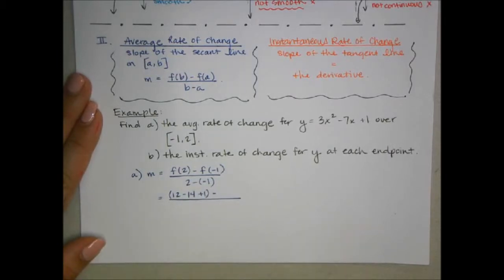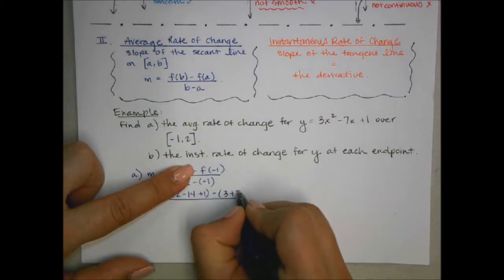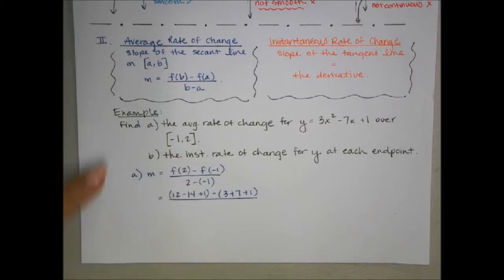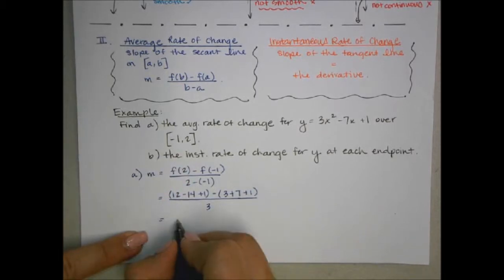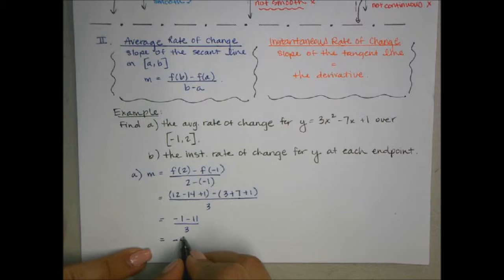If we plug in -1 to our function, we get 3 plus 7 plus 1. And it's all divided by 3. So this will work out to -1 minus 11 over 3, or -4. So this is our average rate of change on the interval -1, 2.